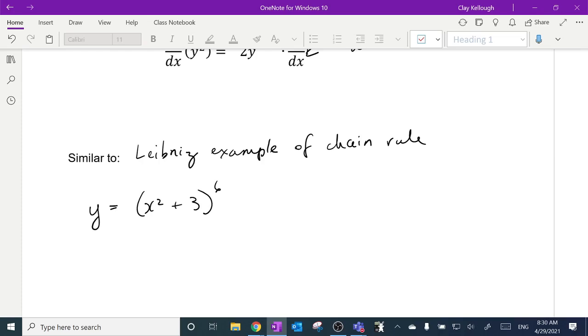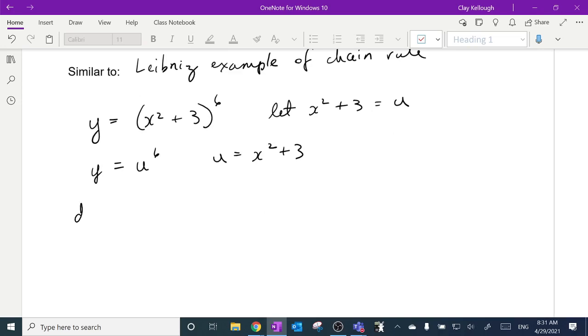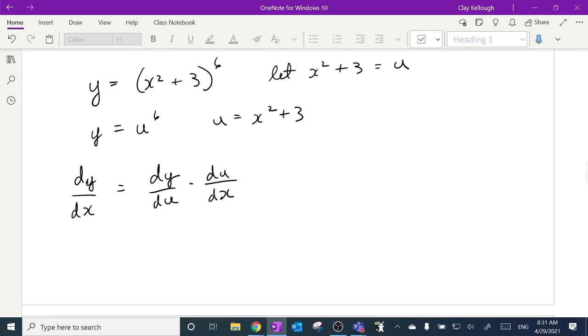Well, doing this the Leibniz way, we replace x squared plus 3 with u, and then I think of this as y equals u to the 6, where u is equal to x squared plus 3, and then the derivative of y with respect to x is the derivative of y with respect to u times the derivative of u with respect to x. And of course, this part is kind of the easy part.